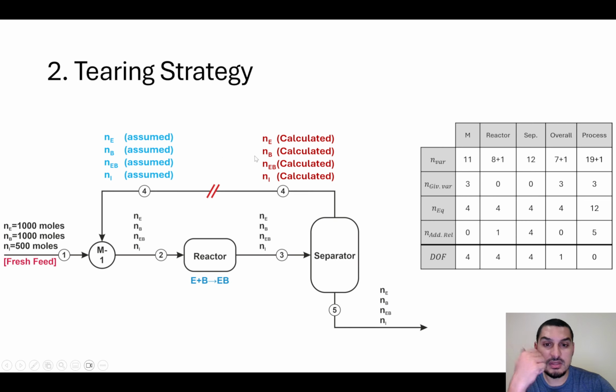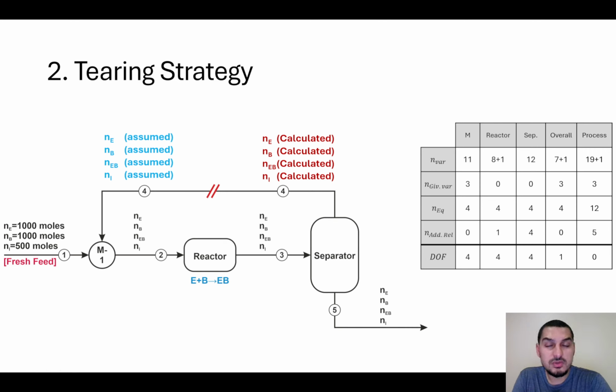So I'll use these numbers to be the assumption for the next step. So I will redo the process again, and I will calculate stream number 2 based on the new values of stream 4. And then solve the reactor, then calculate stream 3, recalculate stream 4. I will compare these two.